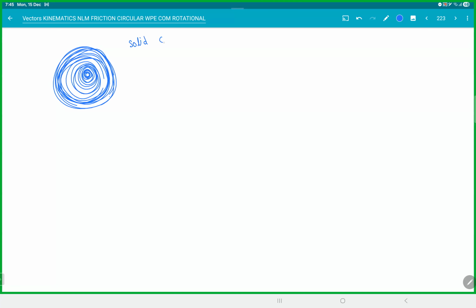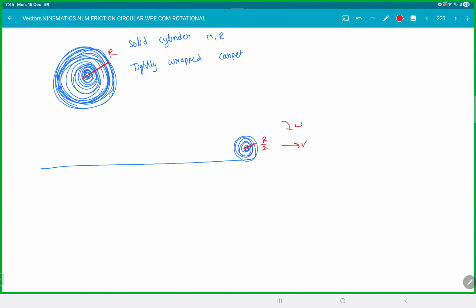You can treat it like a solid cylinder, a tightly wrapped carpet, radius R, mass M. Then the carpet started rolling. The radius became R by 2. Find V and omega when the carpet's radius becomes R by 2.